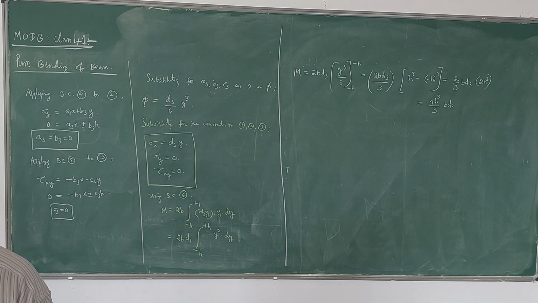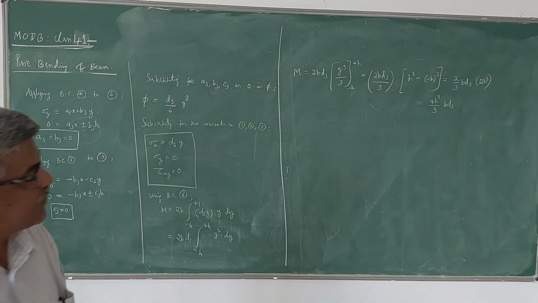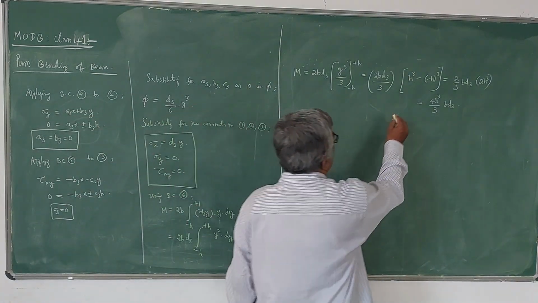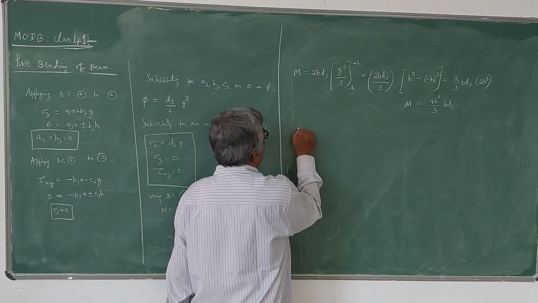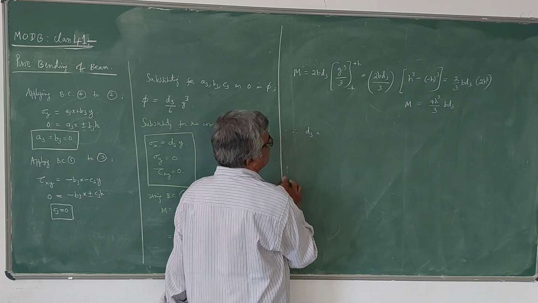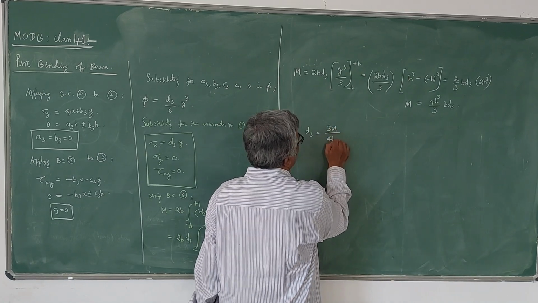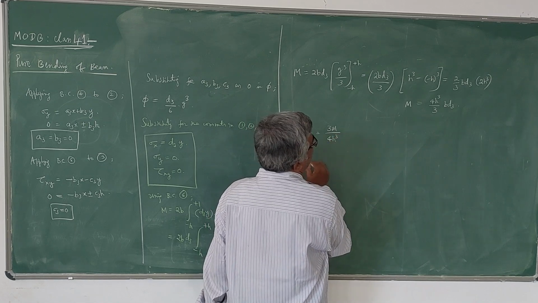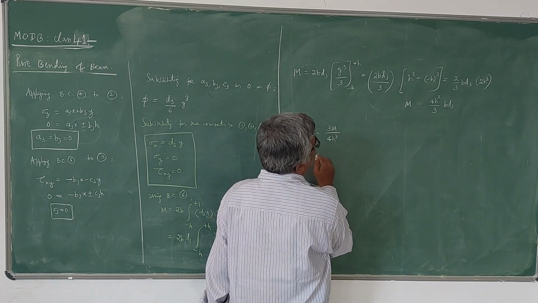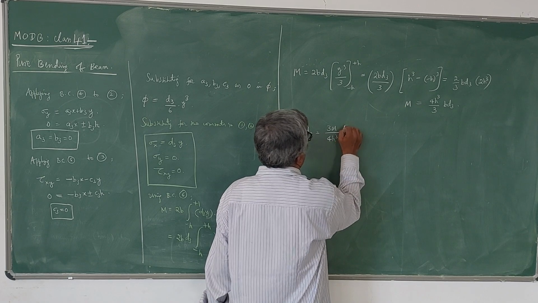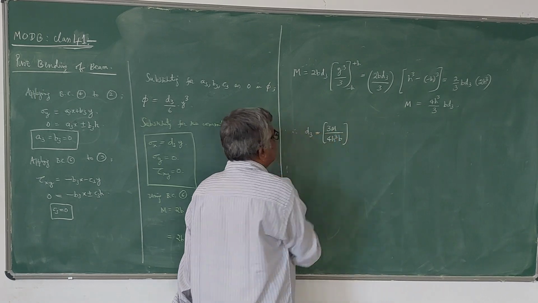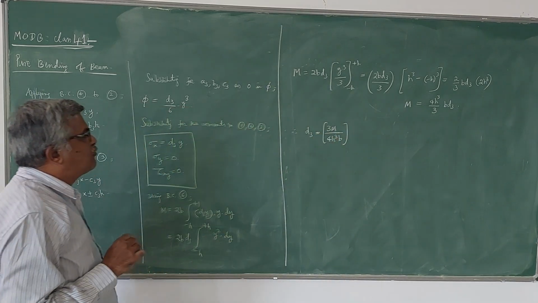Now let us find the value of d3. From this, d3 is equal to 3 times M by 4h cube b. So d3 is equal to 3M by 4h cube b.